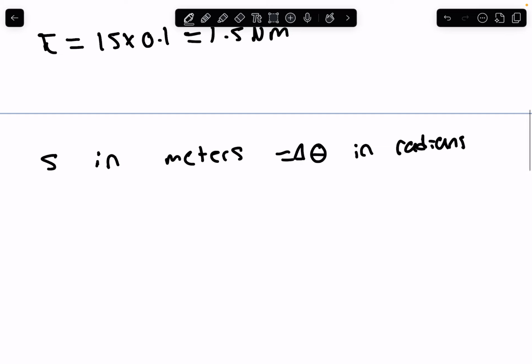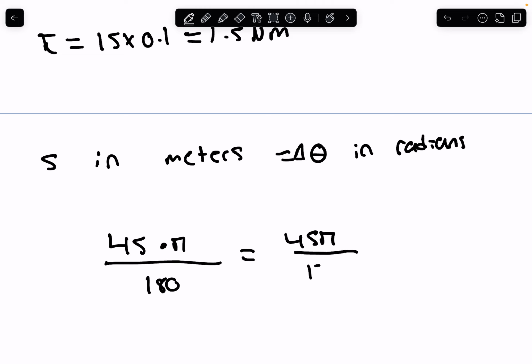To convert from degrees to radians, you multiply the angle in degrees, so say 45 degrees, times pi divided by 180, which will give you 45 pi over 180, which can be simplified to pi over 4 radians.